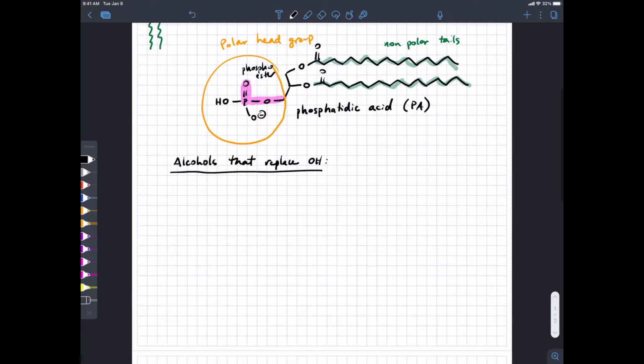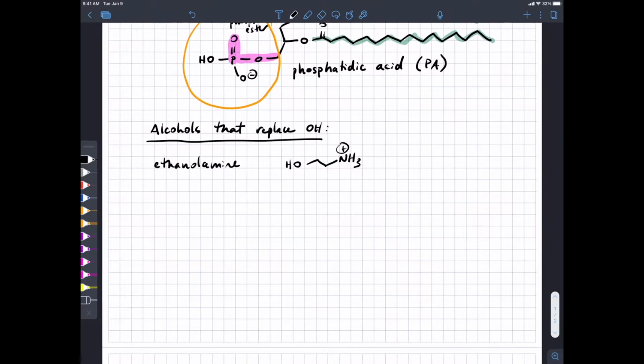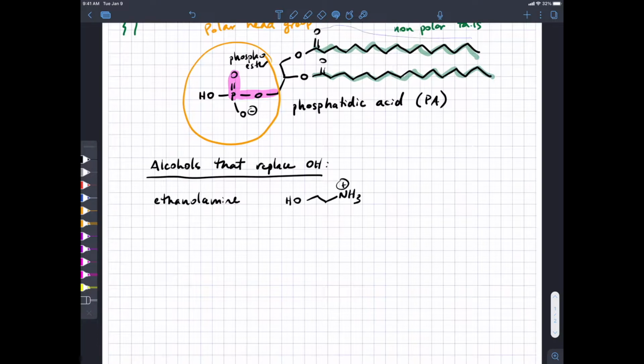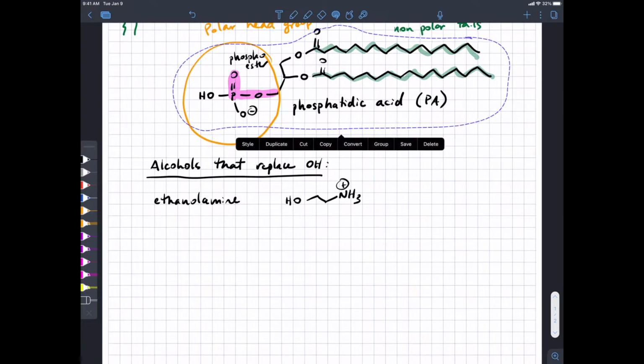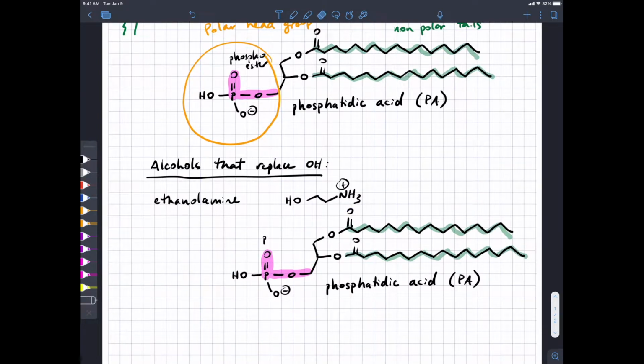The first is ethanolamine. That's just OH and then an amino group, which at physiological pH would be protonated, such that if this were in our phosphatidic acid, this would be the group attached.